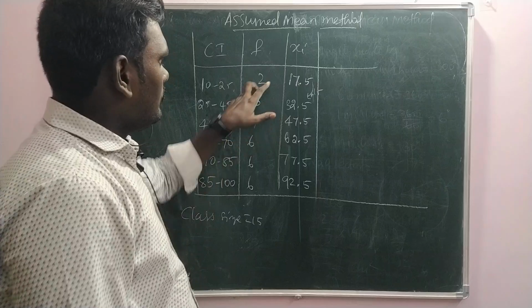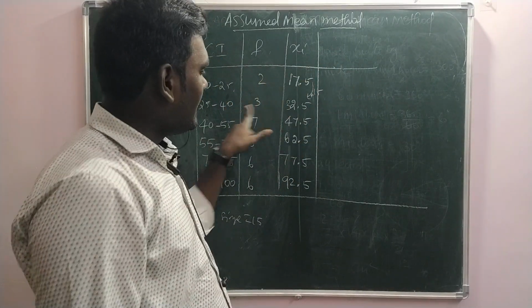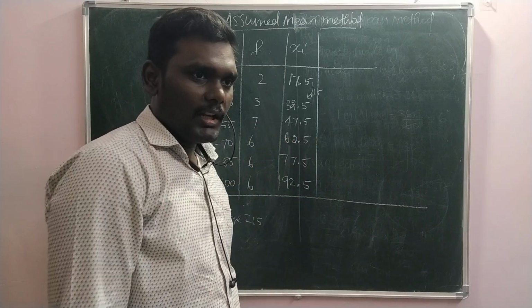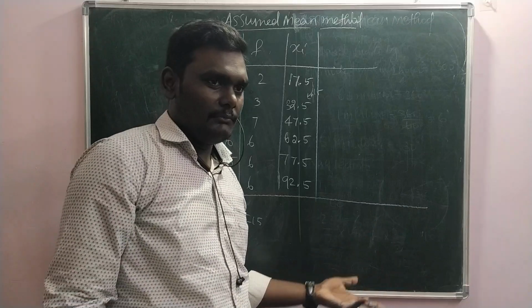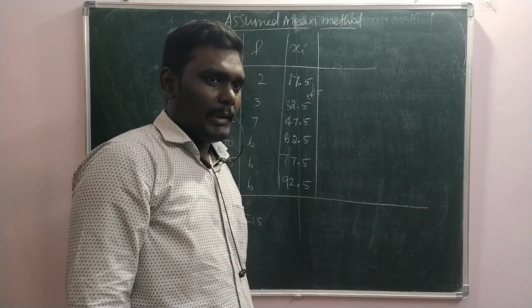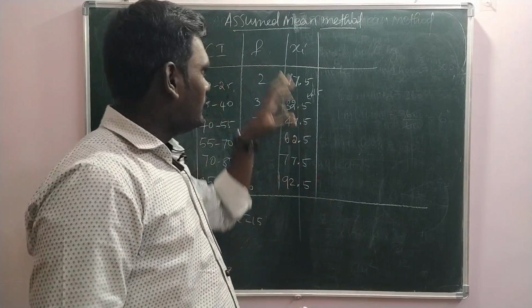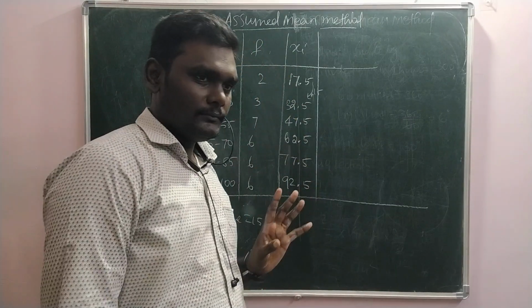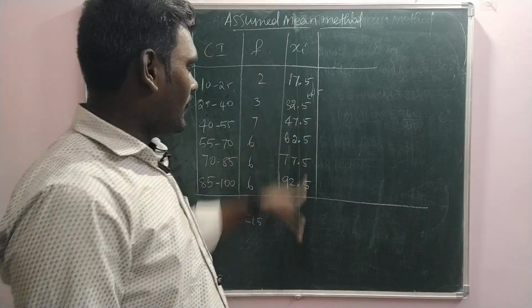Now we have to find fi xi for the direct method. But as you can see, these numbers are big. We can't multiply them easily. Like we can multiply, but big numbers will come, calculation risks are there, time won't be sufficient. So to reduce that burden, we'll assume one of these as the mean. Usually where does this mean come from, this F column or this xi column?